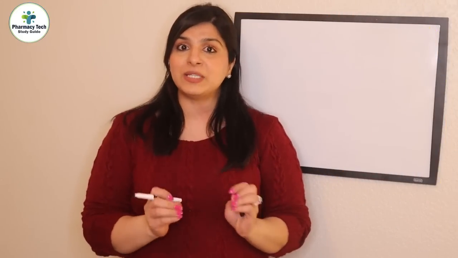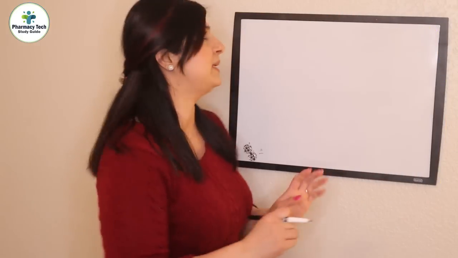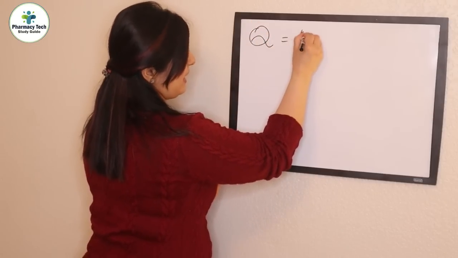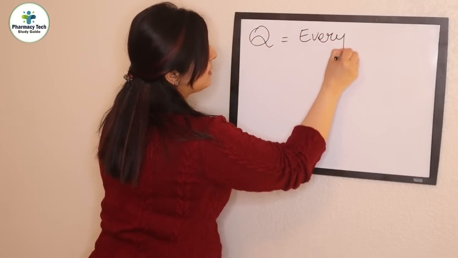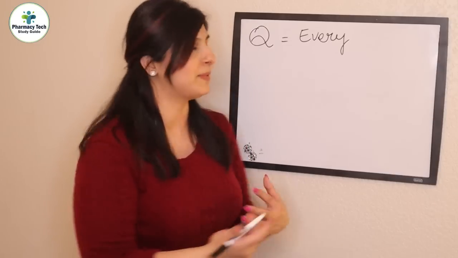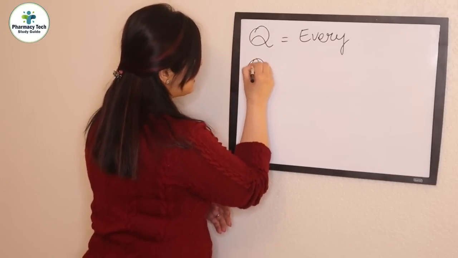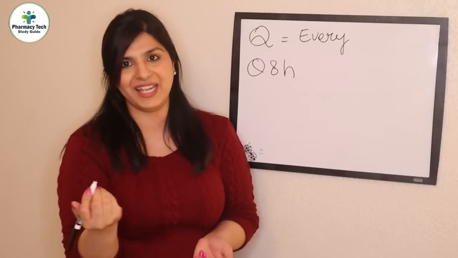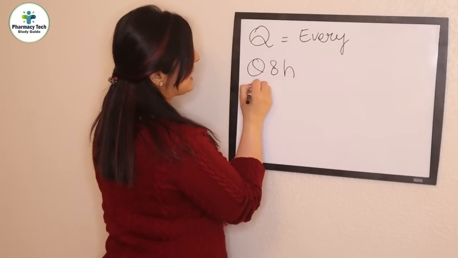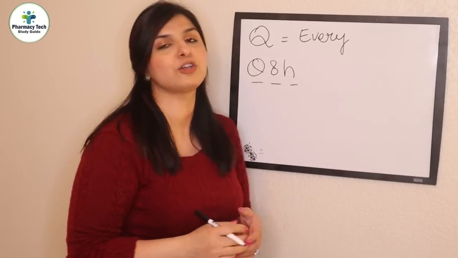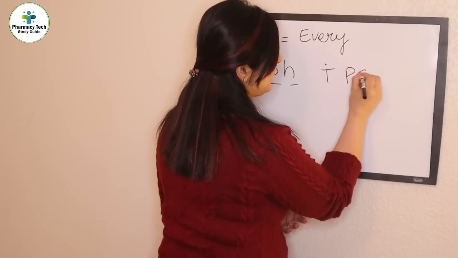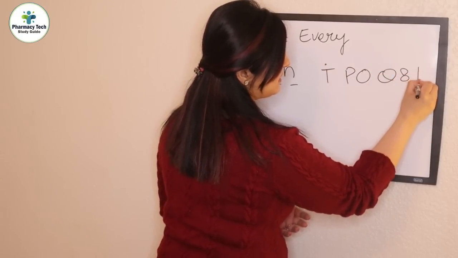Okay, so the next ones that I'm going to talk about are still associated with Q. Remember, Q is every. Now here I'm going to give you some examples. When the prescription says Q 8 hours or Q8H, that means every 8 hours, because your prescription may read something like this.